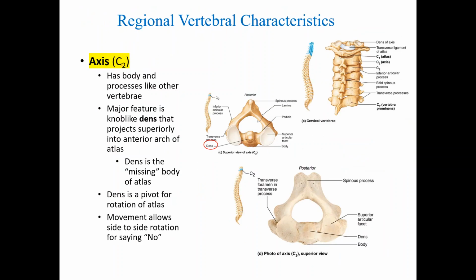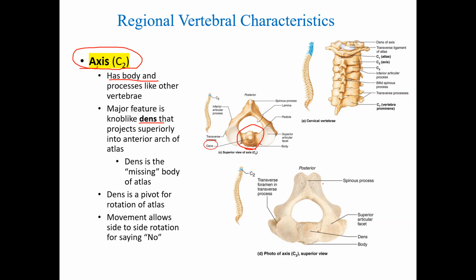The second one, the second cervical vertebra, C2, is known as axis. This one has a body, and there's also a process. It's like the other vertebrae. The body though is pretty tiny, okay, and it's over here. And the major feature of the body is a dens. Dens means tooth, actually, in Latin.